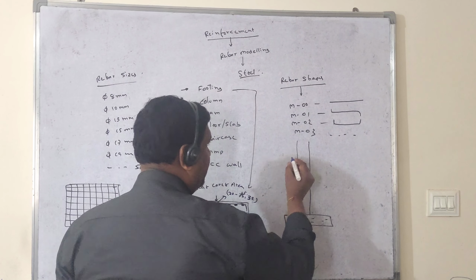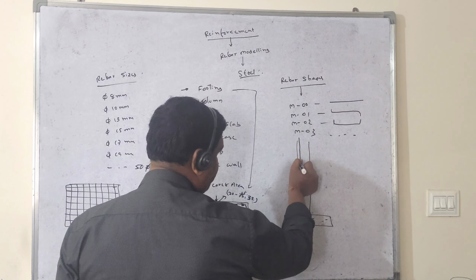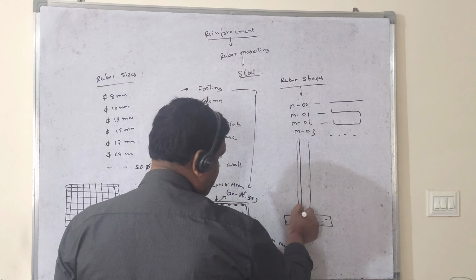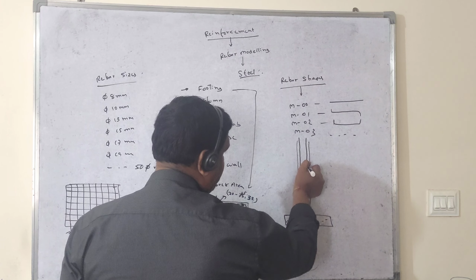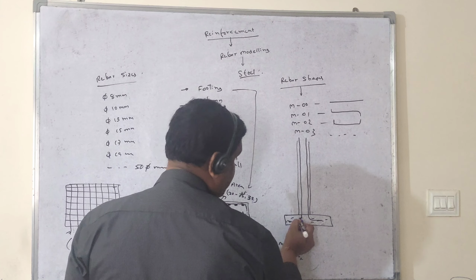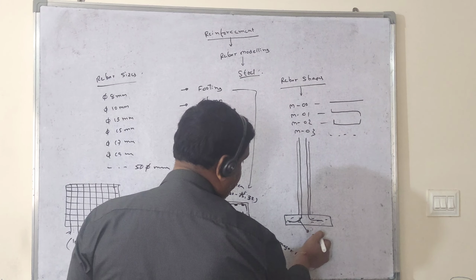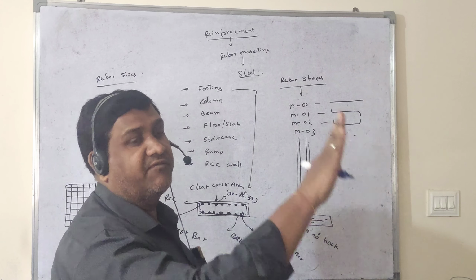Okay, so in the columns we put the rebar from the top, and it goes straight, and after coming here it is given a bend, and that bend, which comes with a 90-degree bend, we call a hook. So here a 90-degree hook will be there, and it bends directly into the footing.